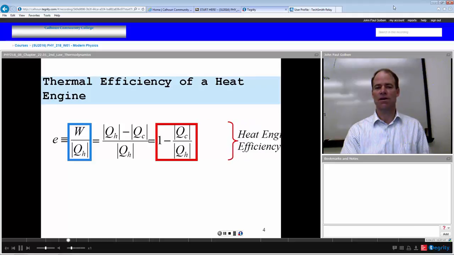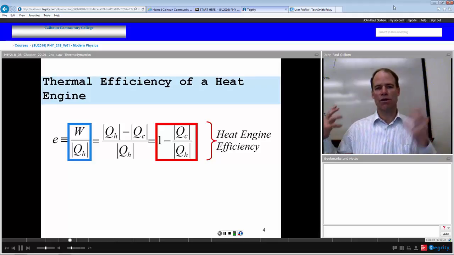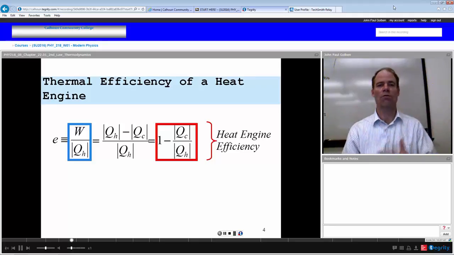This is our heat engine efficiency. I can see it as work performed over what we got from the hot reservoir. In other words, it's what we hope to gain, which is the work performed, over what we got from the hot reservoir.